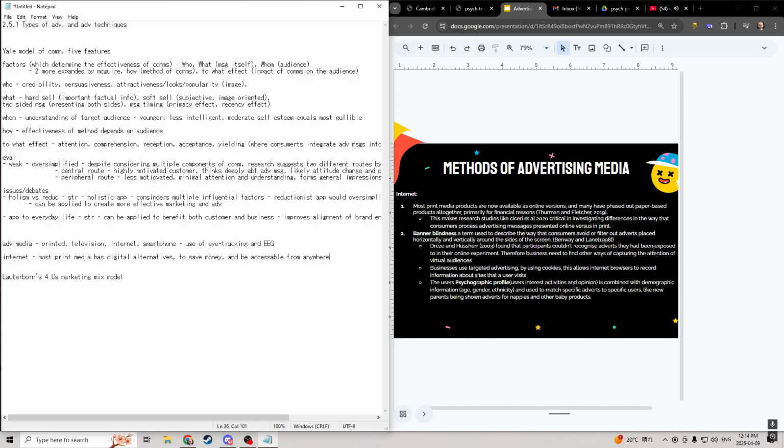Parties could not recognize ads they had been exposed to in their online experiment, therefore businesses need to find other ways of capturing attention. Okay. Banner blindness: consumers avoid or miss ads on sides of screen.